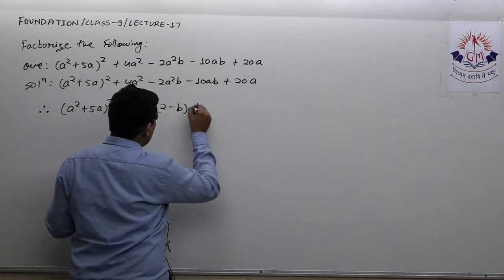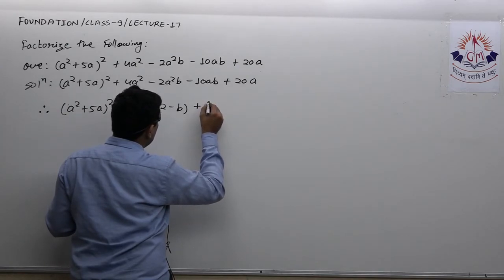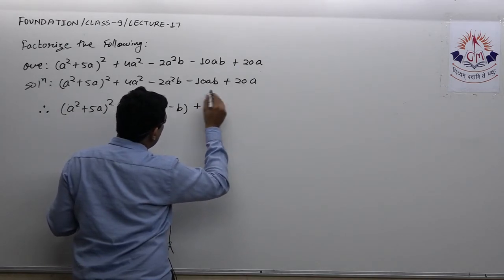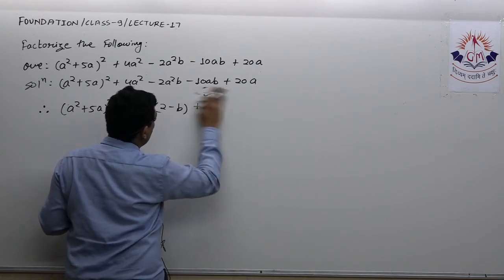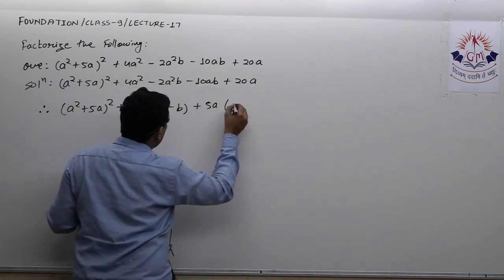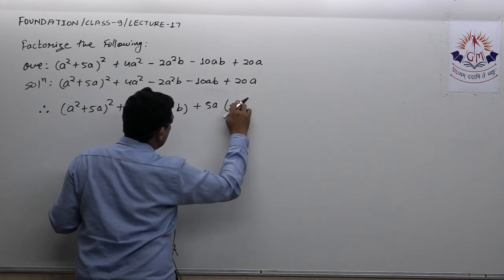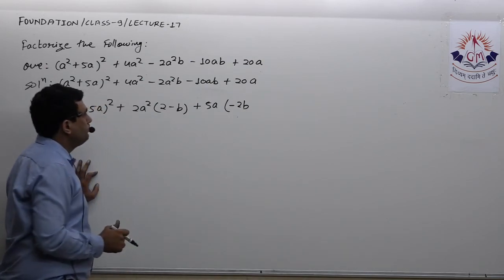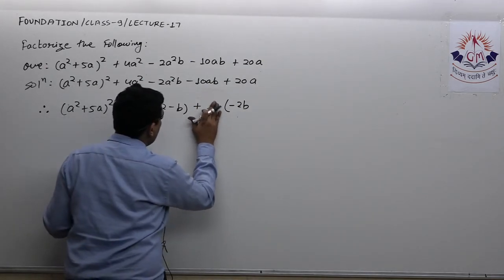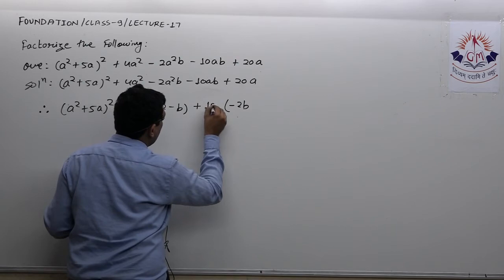And from here, if I take 5a common, isn't it? This is 2 into 5 into a into b, so I can take 5a common. Or better to take 10a common, because both have 10a.